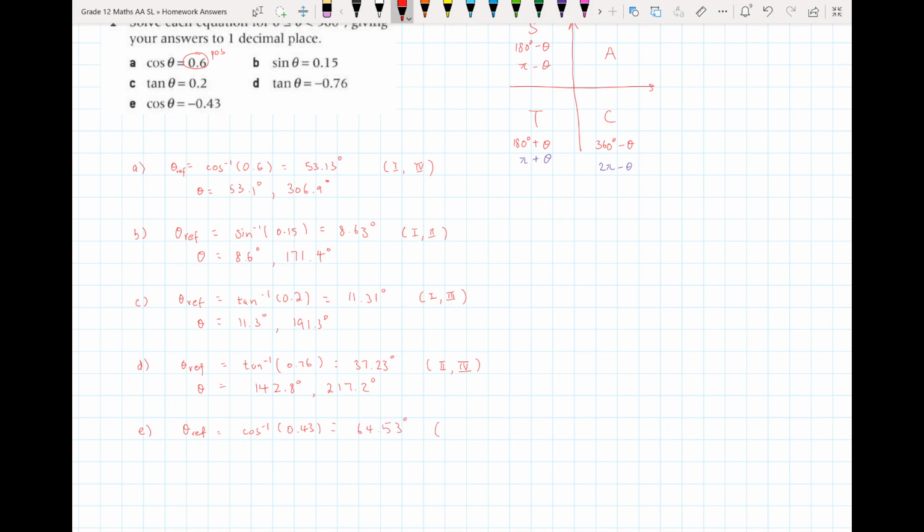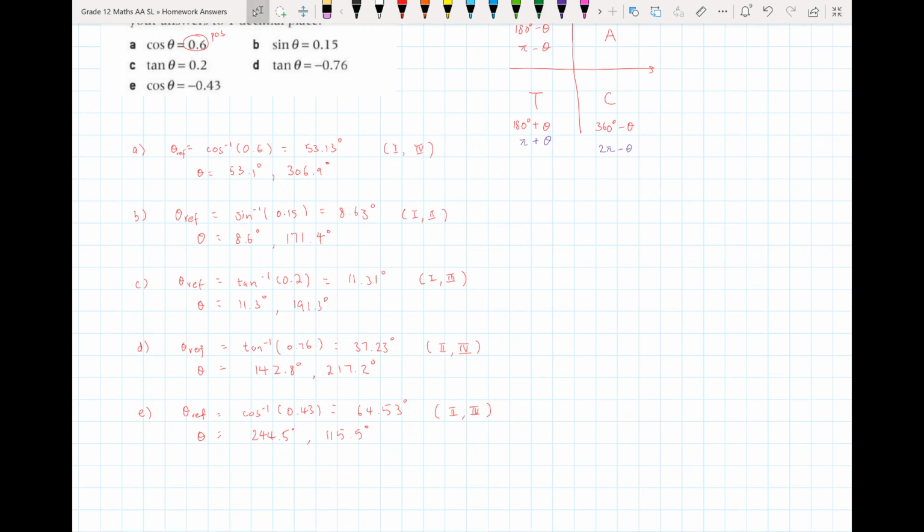Then we note that for cosine to be negative, it will be in the second and the third quadrants. So I go ahead and do 180 plus and 180 minus. And there you go.